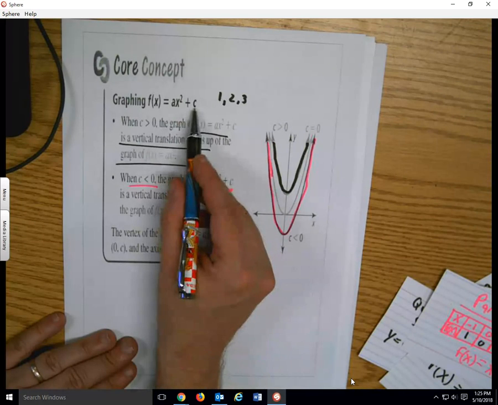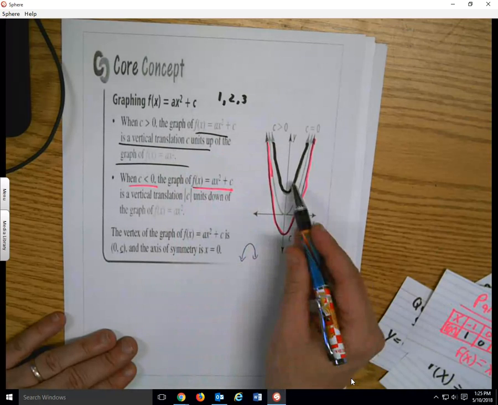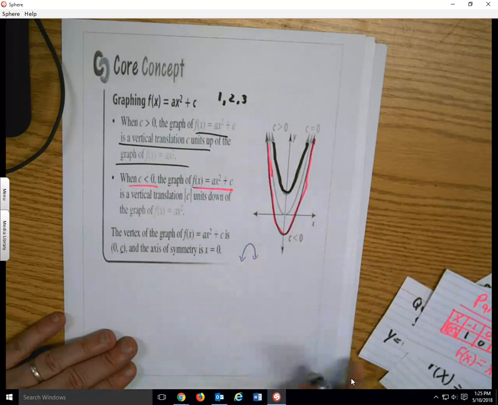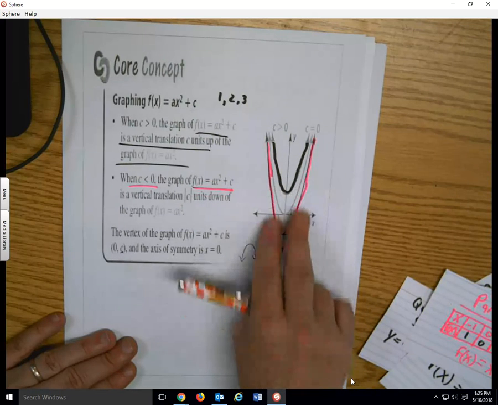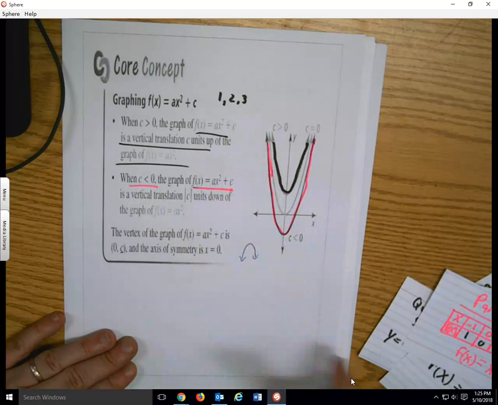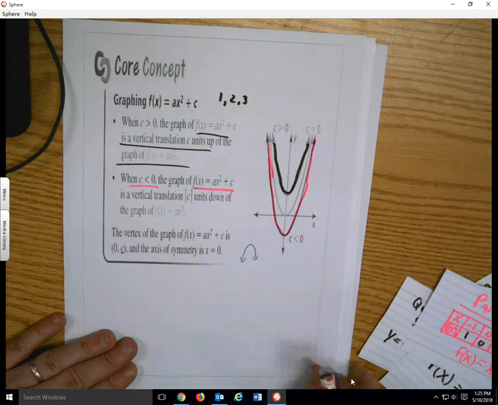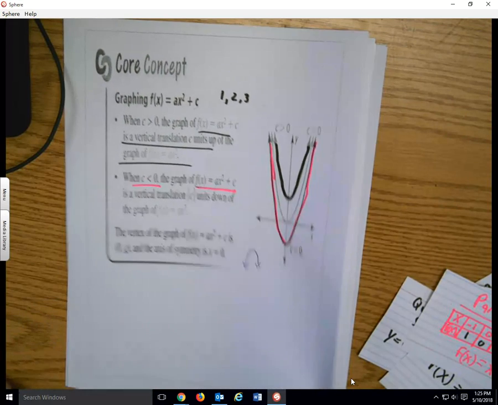Whatever this number is, it's like the y-intercept, right? It will be the vertex. And the axis of symmetry is still 0 because we're only moving the graph up if it's positive and down if it's negative. And that moving up and down is called a translation, a vertical translation. But we'll get more into that. I'm getting ahead of myself.